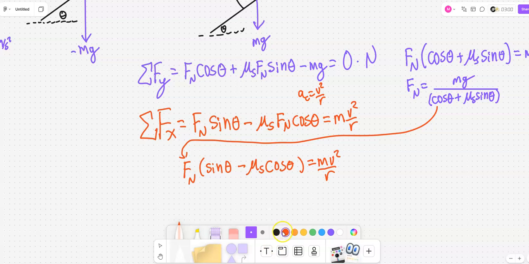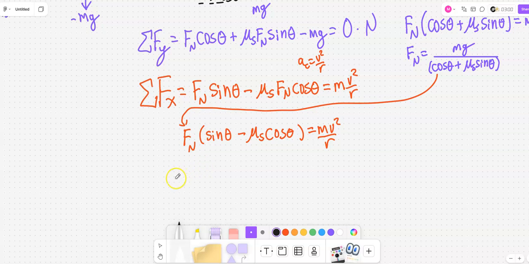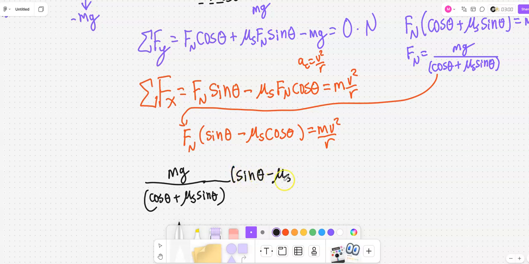I'm going to insert mg over the cosine theta plus mu s sine theta, put that together, and times this quantity, sine theta minus mu s cosine theta. And all of that should be equal to mv squared over r.